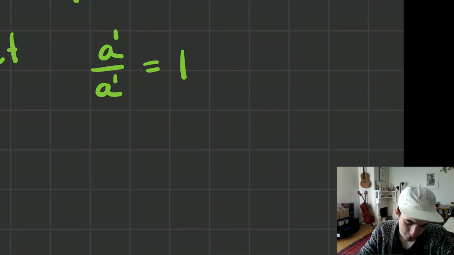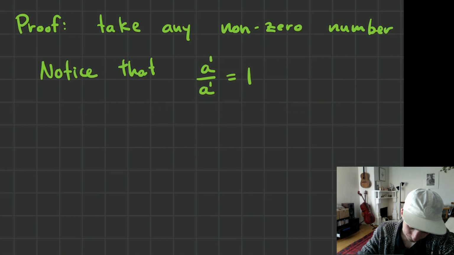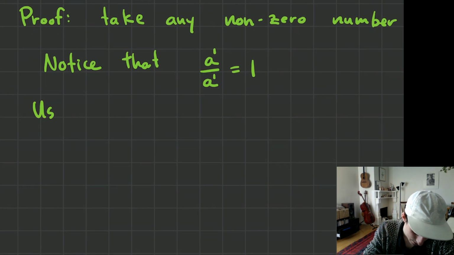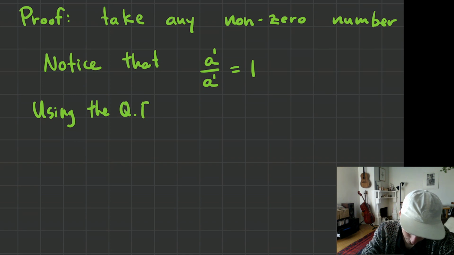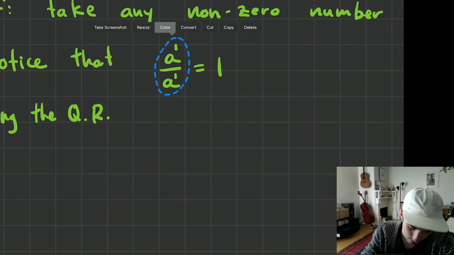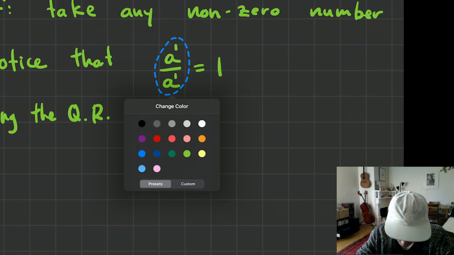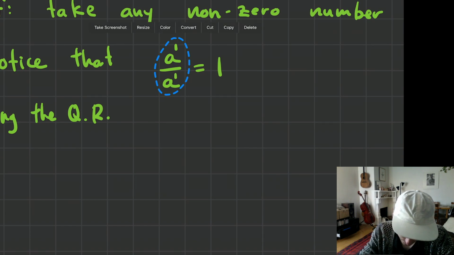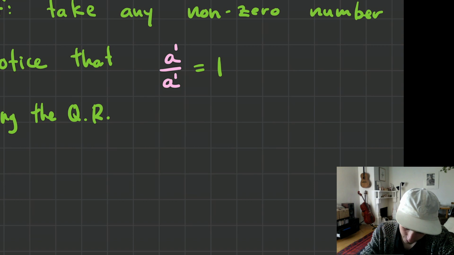Well, if we use the quotient rule, I'm going to write QR for the quotient rule, because I don't have room. Let me change the colors so you can see where I'm going with this. So I'll change the color to purple, and then I'll use purple over here.